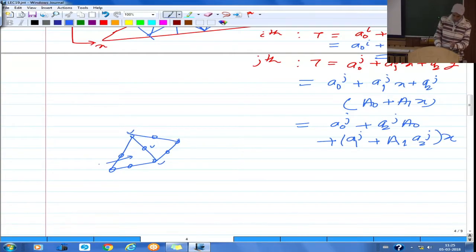And now this is again a straight line. The common edge shared by this element and this element is a straight line. So the equation of this line would still be the same, y equal to a0 plus a1x.